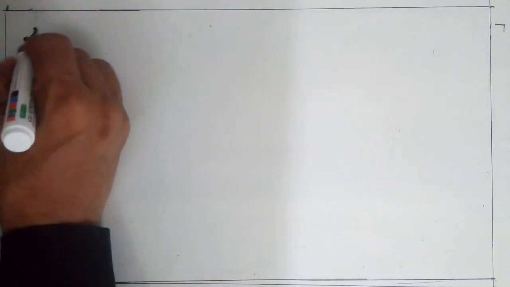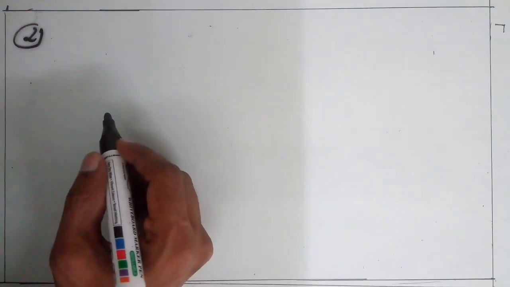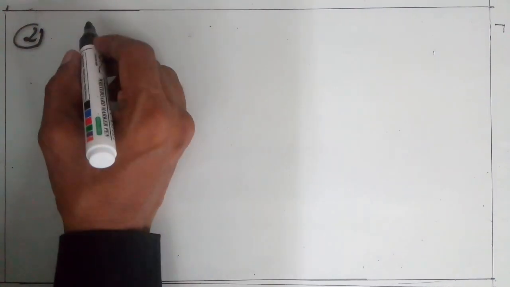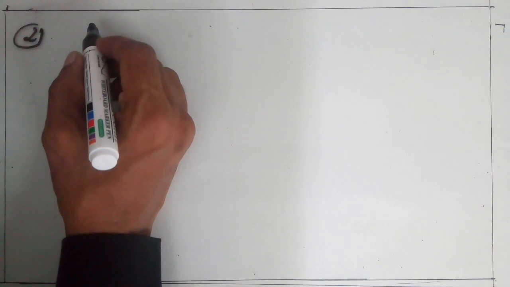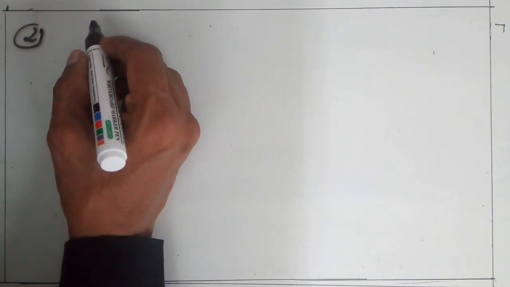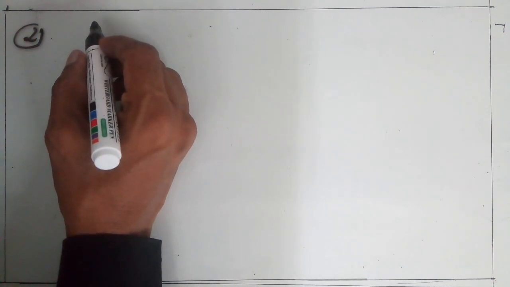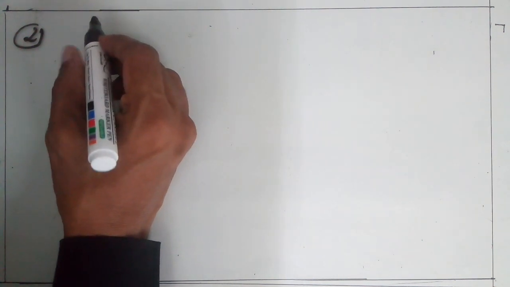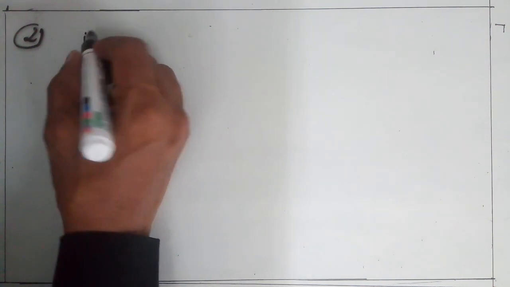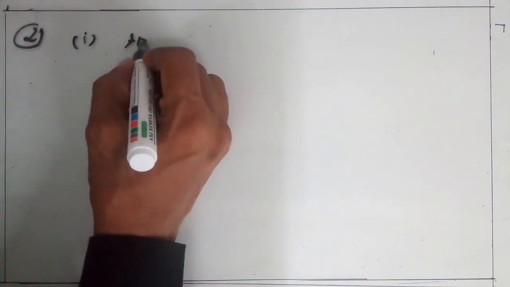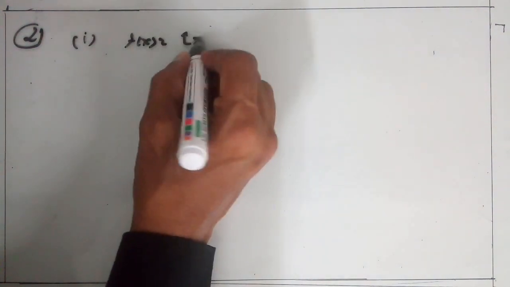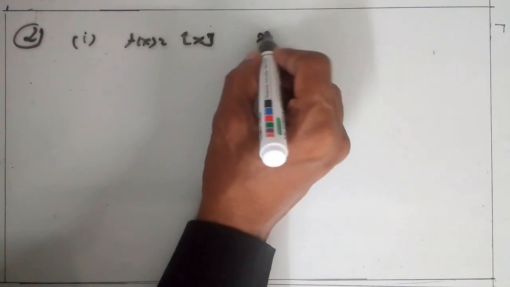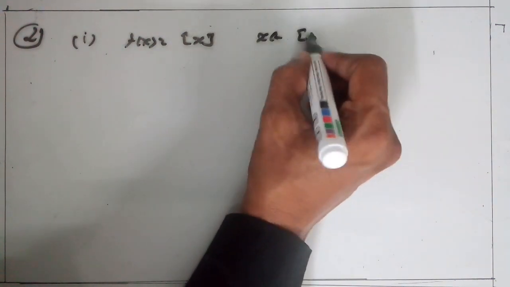Now question number 2. Examine if Rolle's theorem is applicable to any of the following functions. Can you say something about the converse of Rolle's theorem? First, f(x) = [x], x belongs to closed interval [5, 9].